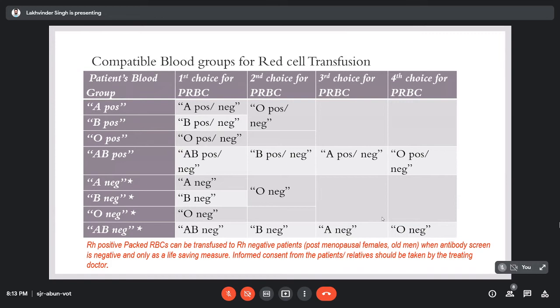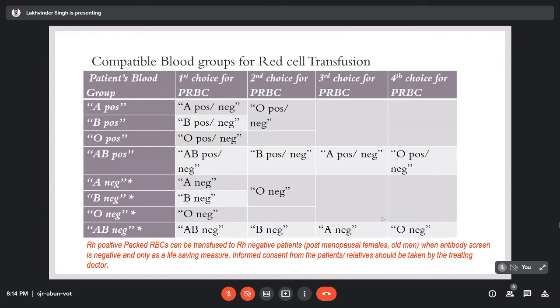So if the blood group is A, then anti-A would be absent, anti-B would be there. If the blood group is AB, then both the antibodies would be absent. So it's a neutral plasma. So for plasma component or platelet component, AB is the universal donor, and for red cell, O is the universal donor.